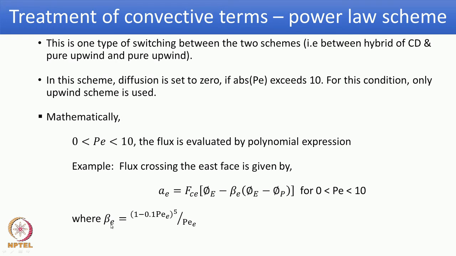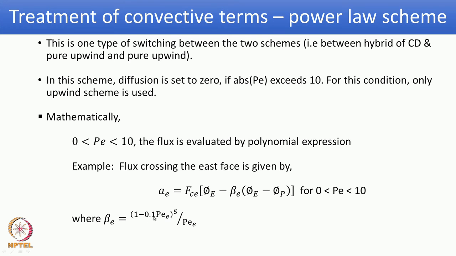There you write beta is given as 1 minus 0.1 Pe. Again we are evaluating Pe at every face. So, here Pe is evaluated for the east face, because we are just explaining for the east face.